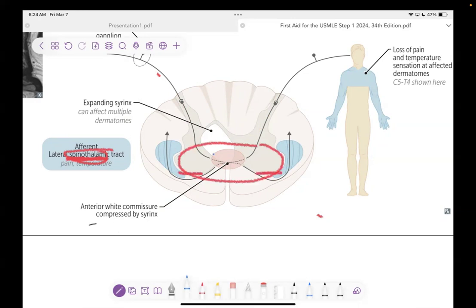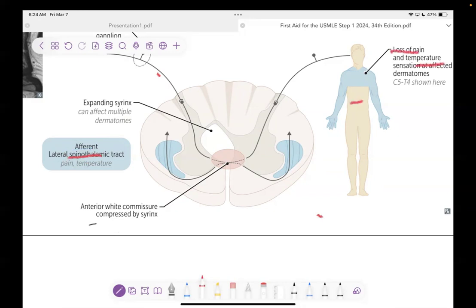But here you see that the syringomyelia is only in the central cord, a small cavity, and this small cavity affects the nerve fibers. Which fibers? The fibers that are crossing the spinal cord, and these are called the spinothalamic tract. So once we understand the mechanism of the spinothalamic tract, and that syringomyelia is pushing or blocking the way of the spinothalamic tract, patients with syringomyelia will have loss of pain and temperature sensation.